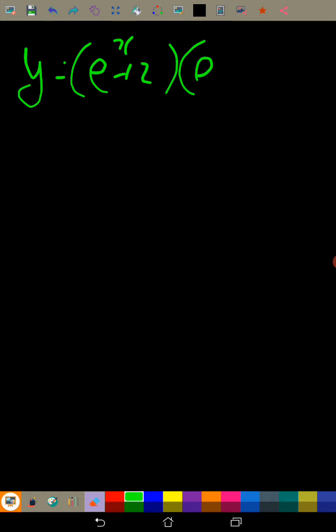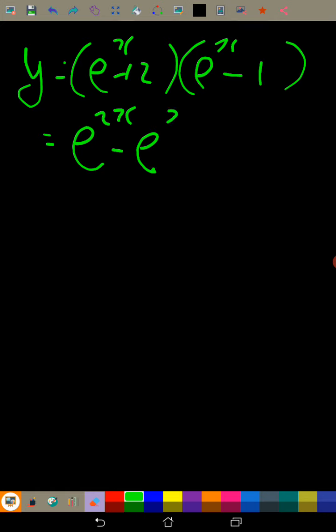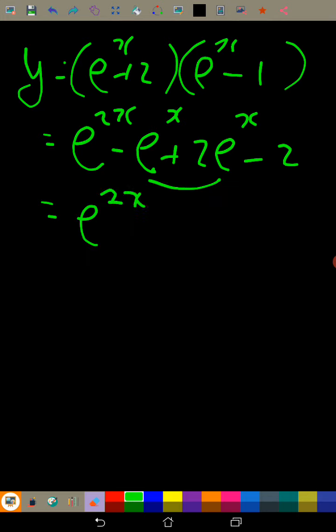And something interesting was y is equal to ex plus 2 over ex minus 1. So I think we just have to multiply minus ex plus 2 ex minus 2. So here we can simplify. We have 2x plus ex and minus 2.